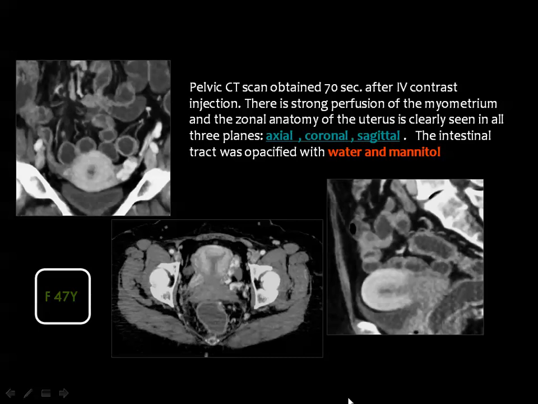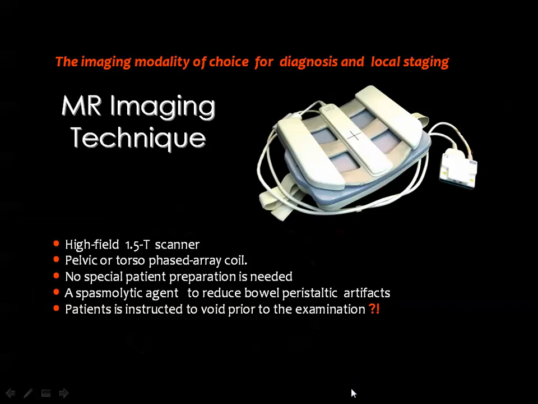And you should know that CT is not that good for evaluation of uterine pathology, especially those concerned with the zonal anatomy of the uterus, since even after injection of contrast material and with reformatted images, you are not able in many times to differentiate the uterine zonal anatomy and be sure about the presence of definitive masses.